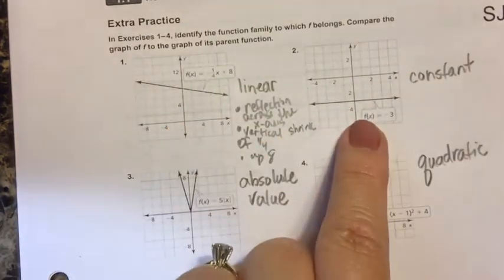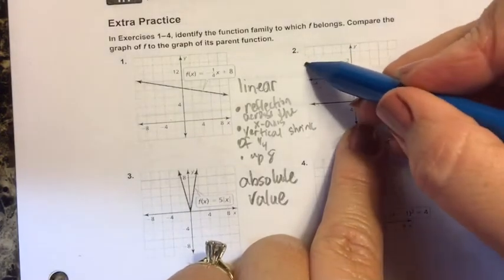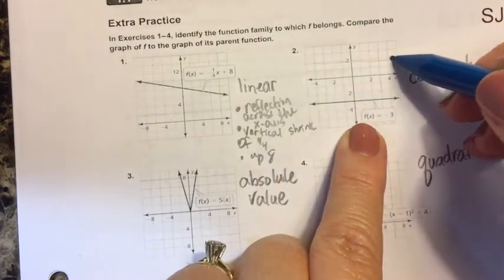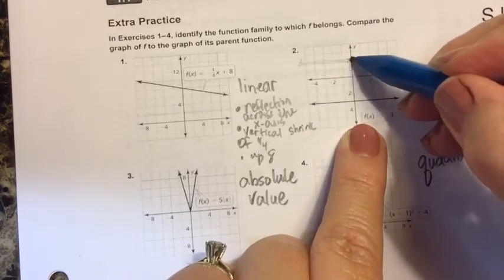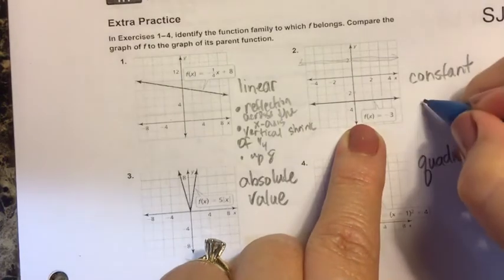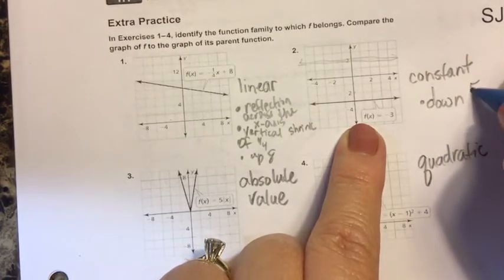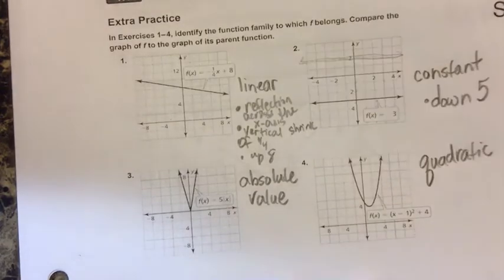Looking at question 2, to go from what we call the parent function y equals 2, I would go down 1, 2, 3, 4, 5 units. So there's only one transformation here, down 5 units.